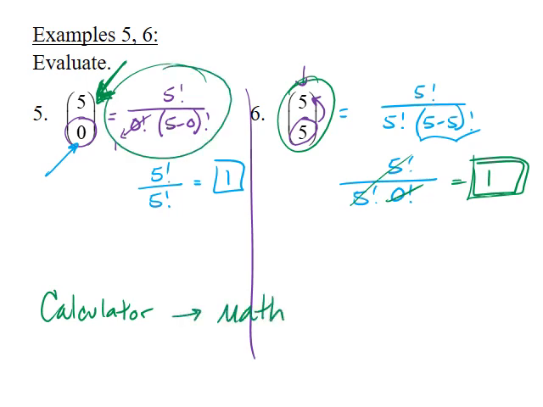And this is for a TI: if you go to math and then arrow to probability, and then nCr will give you this result. Okay, so again, this helps us identify the coefficients.